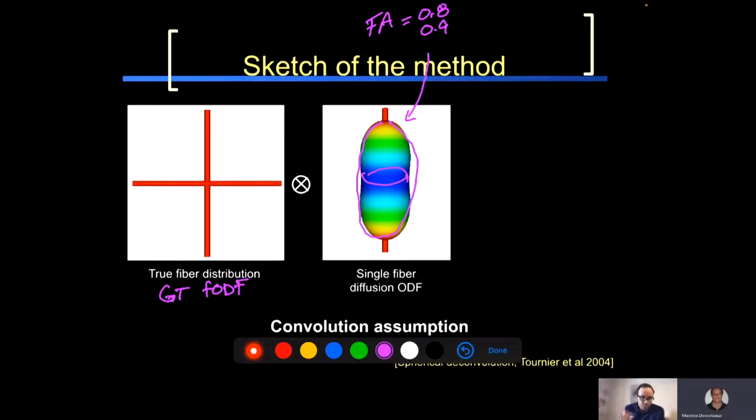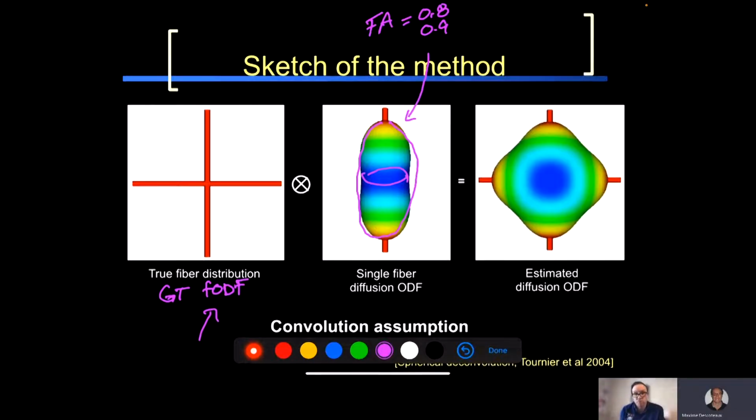And so you can formulate this as, well, the ground truth fiber ODF that we're looking for is actually built from the convolution between a potatoid and this ground truth ODF to give you a fat diffusion ODF from Q-ball imaging, for example.